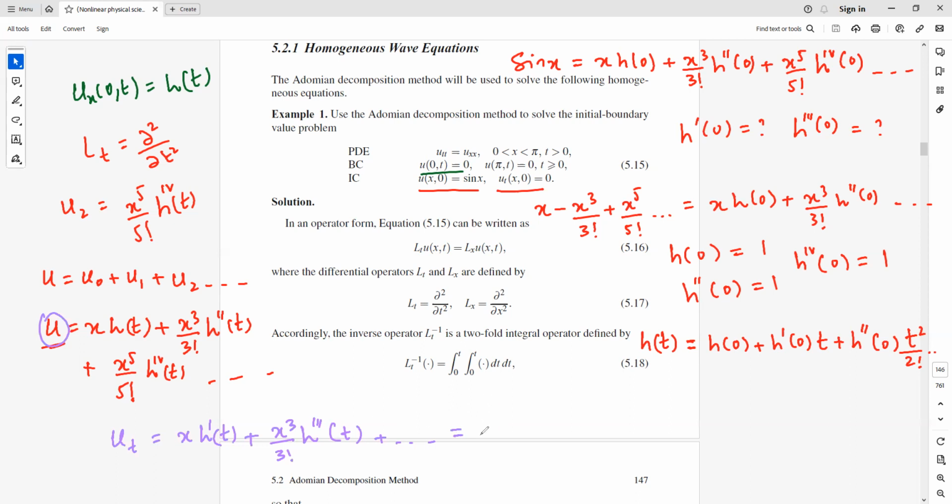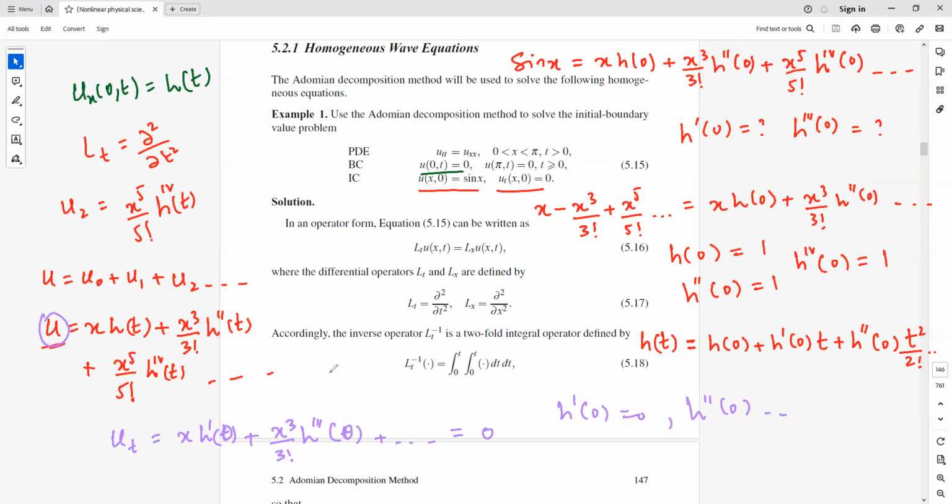Now this is equal to 0, which means if we compare the coefficients, h prime is 0, h double prime is 0, and so on, all the derivatives we are going to get are equal to 0, right?